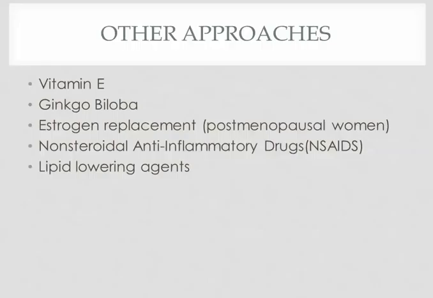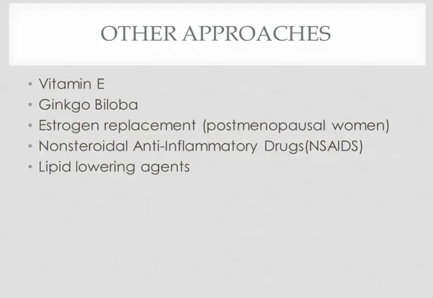Other approaches. Vitamin E and other antioxidants have been used to slow the progression of aging and dementia. Ginkgo biloba has been believed to improve cognition. Studies of postmenopausal women suggest that estrogen replacement therapy decreases the risk of Alzheimer's disease. However, we must keep in mind that with the increase in estrogen, this also brings a risk for heart disease and breast cancer.